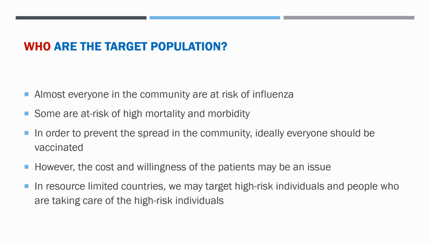So in order to prevent the spread in the community, ideally everyone should be vaccinated, just like the strategy that we have embraced for COVID-19. However, the cost and willingness of the patient may be an issue. So in resource-limited countries like ours, perhaps we should target the high-risk individuals and also people who are taking care of the high-risk individuals.